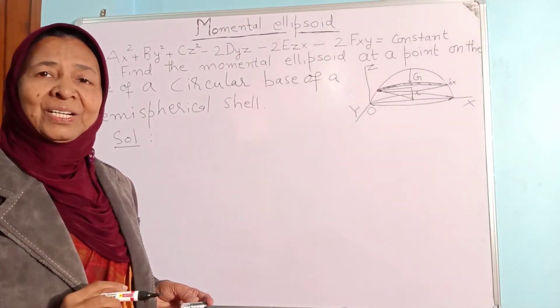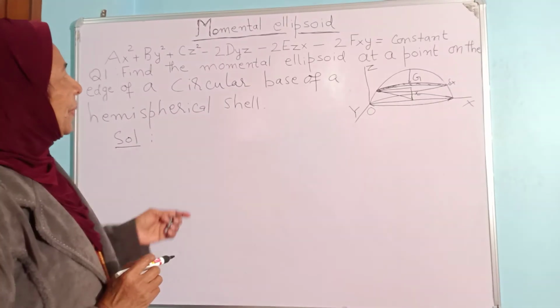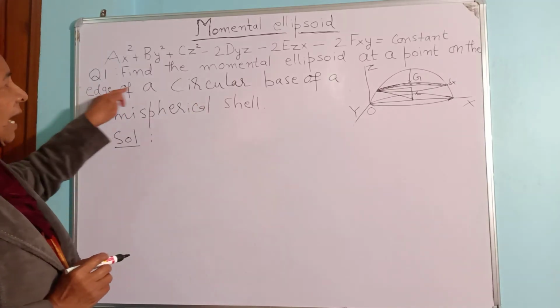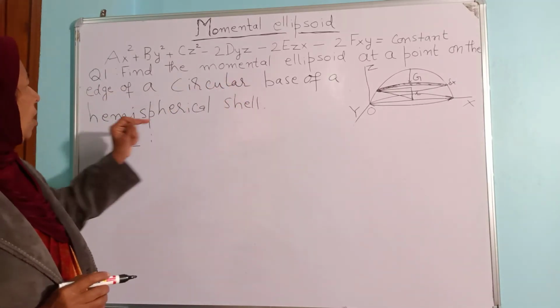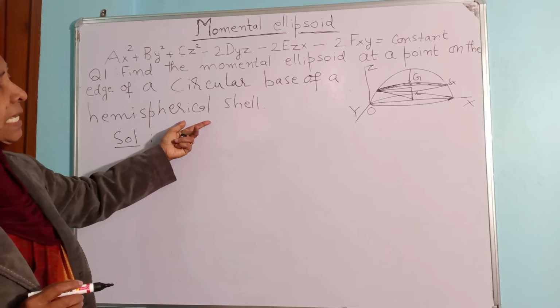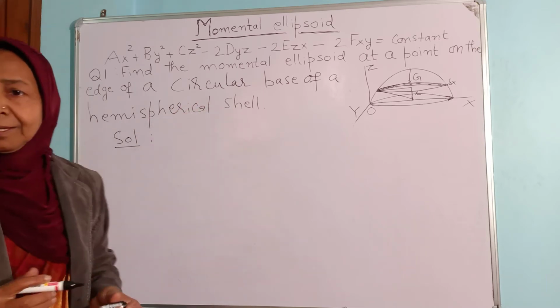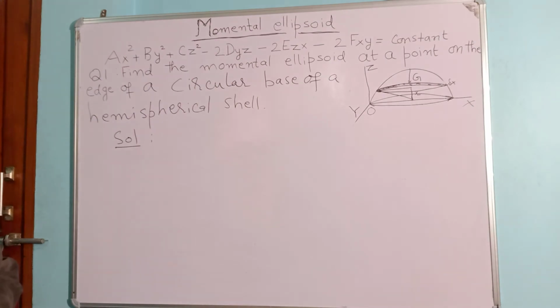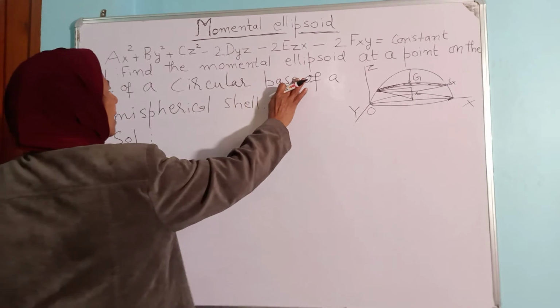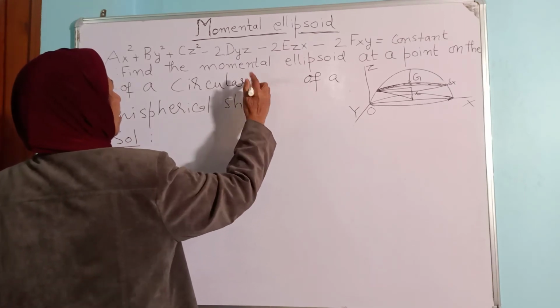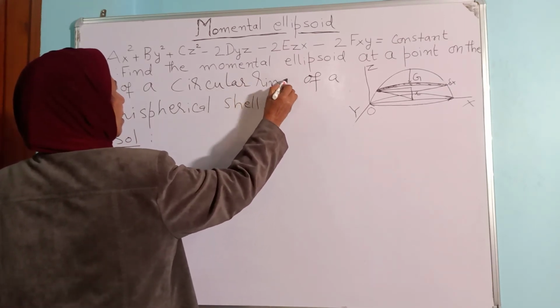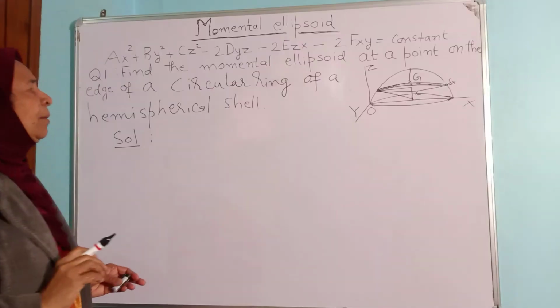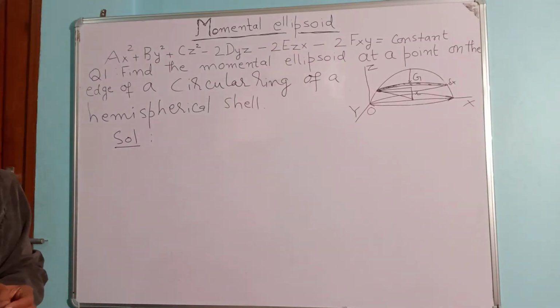Is that clear? Why it will be? Because we have a circular base of a hemispherical shell. Okay. So, circular base, circular ring. Of a hemispherical shell.